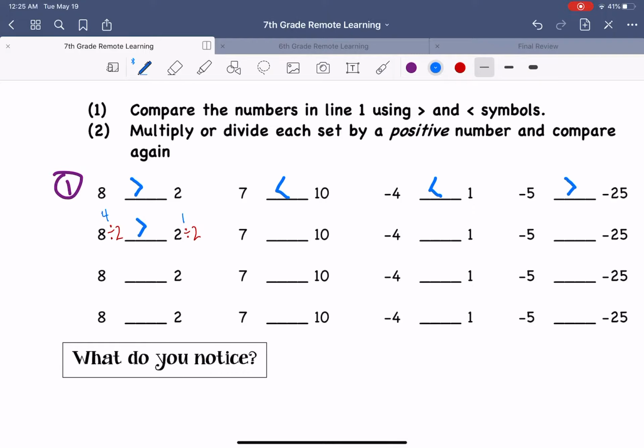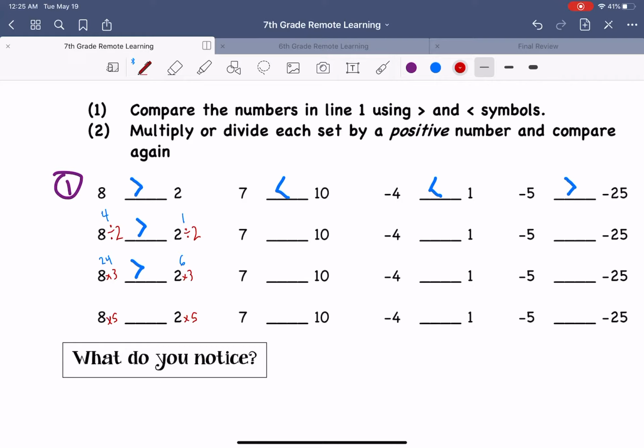Let's multiply this time. Let's multiply them both by 3. 8 times 3 is 24, and 2 times 3 is 6. Let's compare again. 24 is greater than 6. And then let's do 8 times 5 and 2 times 5. Notice that I'm multiplying and dividing by the same number on both sides.